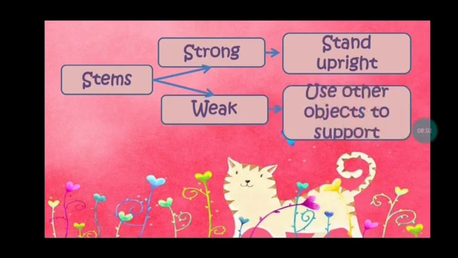But the weak ones, of course, need another object to support them. The ones whose stem is weak, lemah, need other objects to support, such as other plants, such as a wall, such as a fence. Jadi mereka butuh objek lain to stick to, to support them, to stand upright. Bisa tembok, bisa fence, pagar, or maybe other plants.